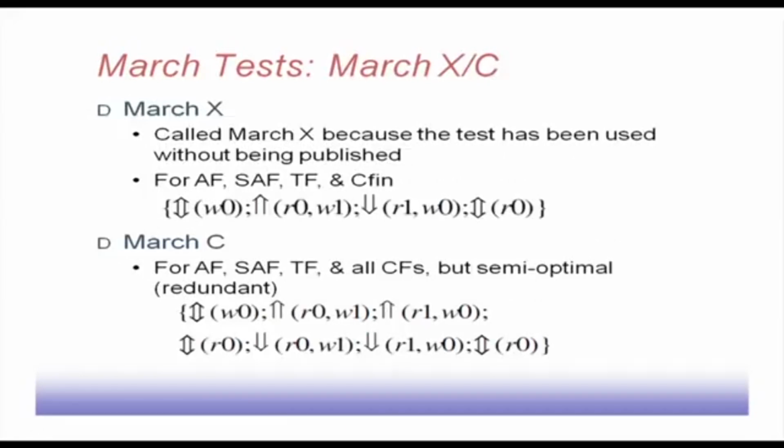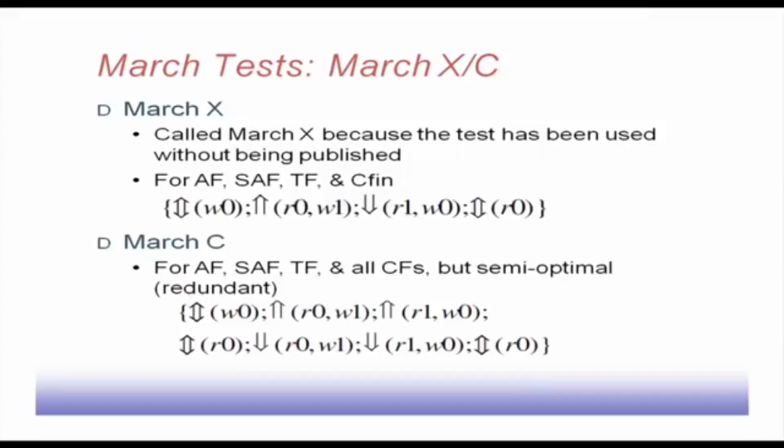Then we have got March X algorithm and March C algorithm. So, these are 2 other March algorithms. Actually, from the inception of these memories, when designers started manufacturing them, memory testing was always there. Before March algorithms came into the market, researchers came up with the proper concept of March elements or March tests.